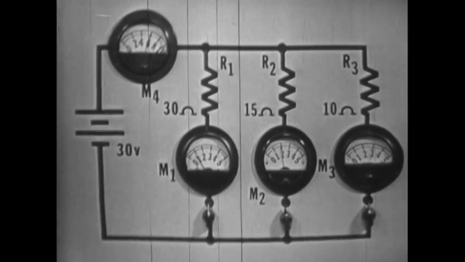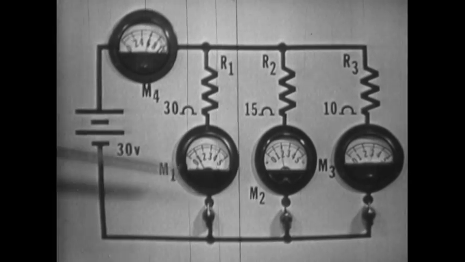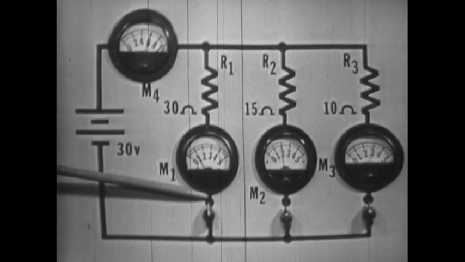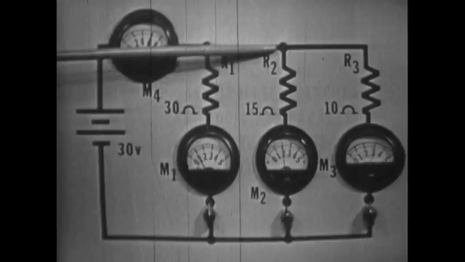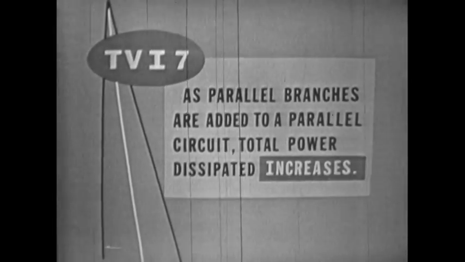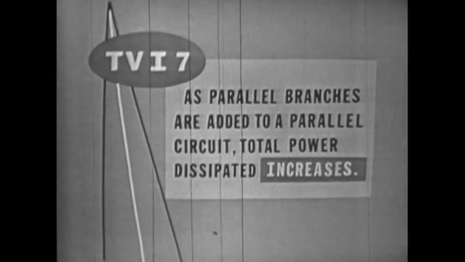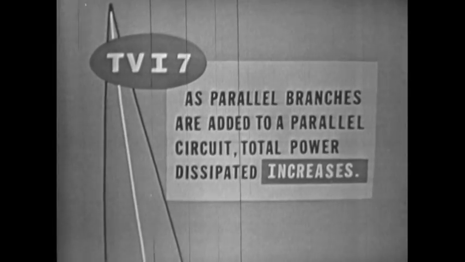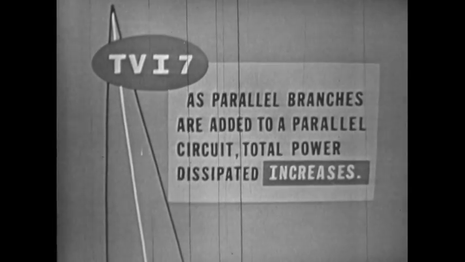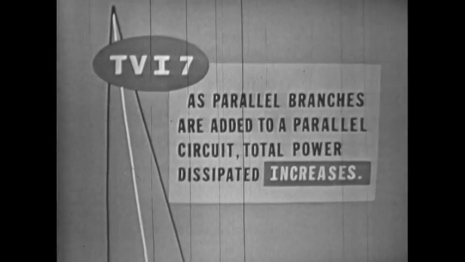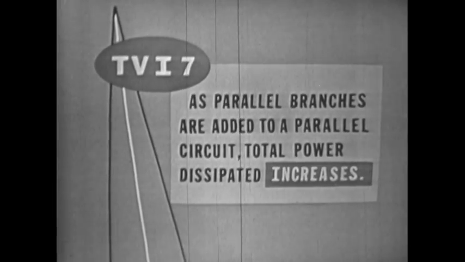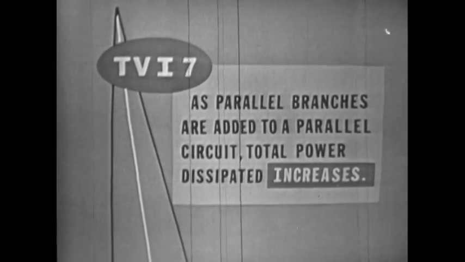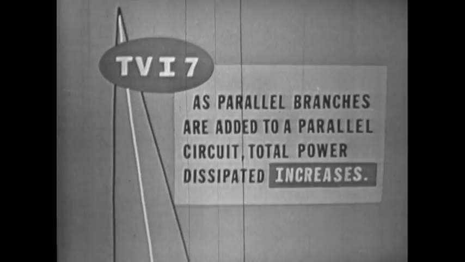Recall that we started determining the power dissipated with only one resistor in the circuit. As we added another branch, the total power dissipated by the circuit increased. From this, we can conclude that as parallel branches are added to a parallel circuit, total power dissipated increases.